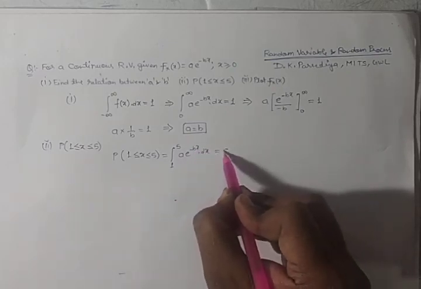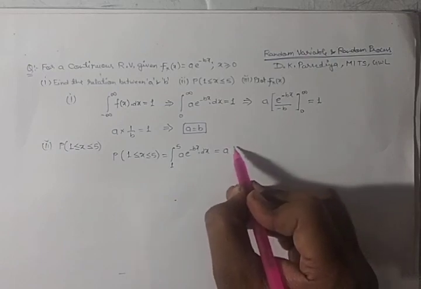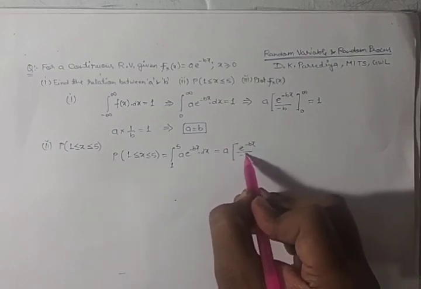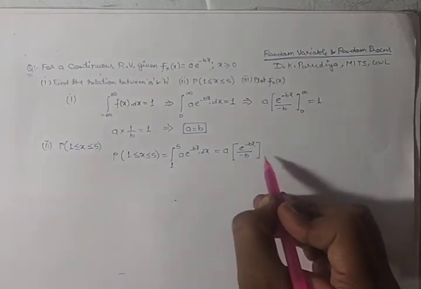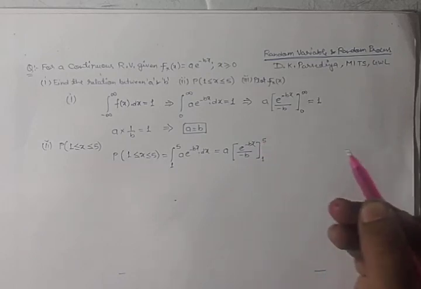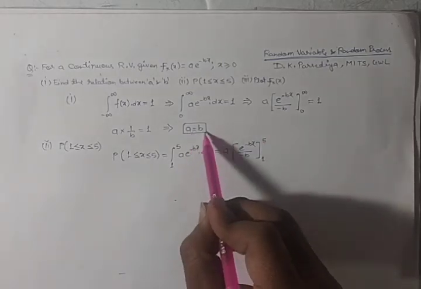So a is a constant, so bring it outside, e to the power minus bx upon minus b, as we already performed here, for 1 and 5.